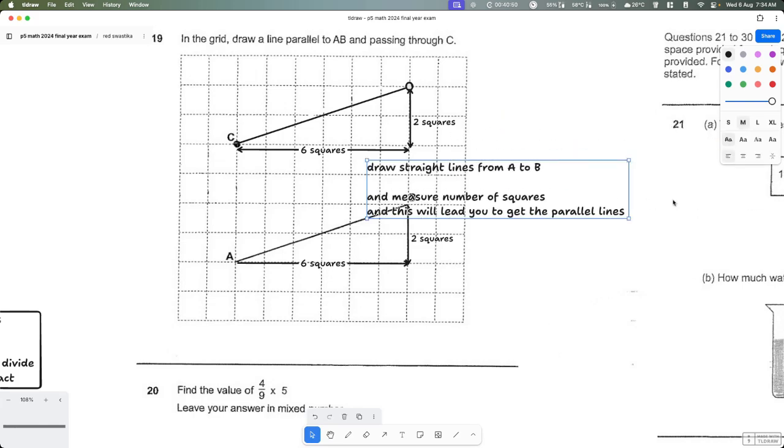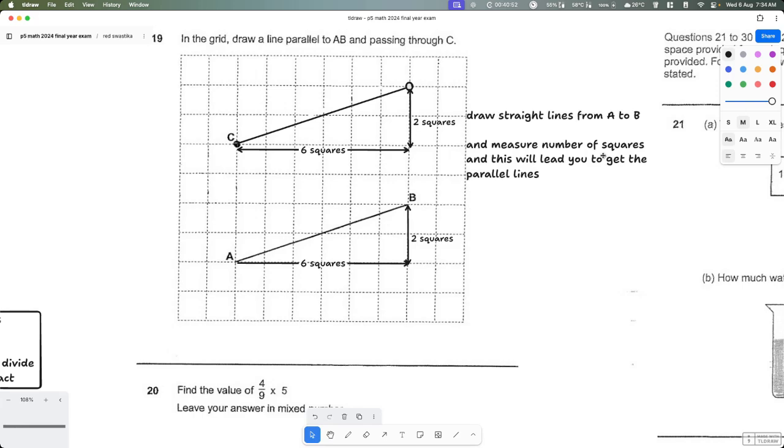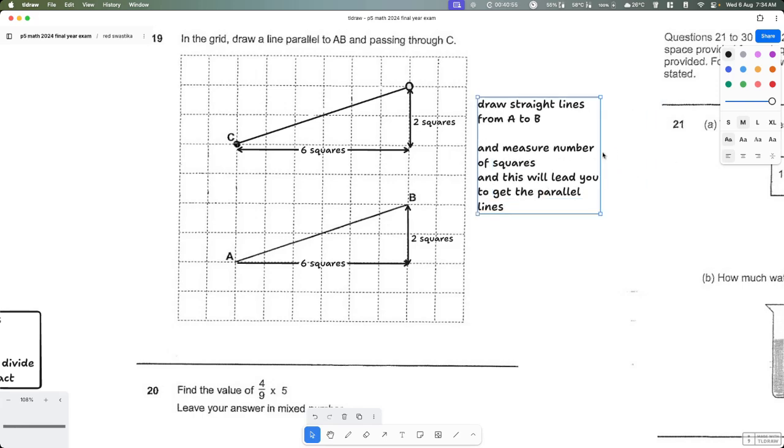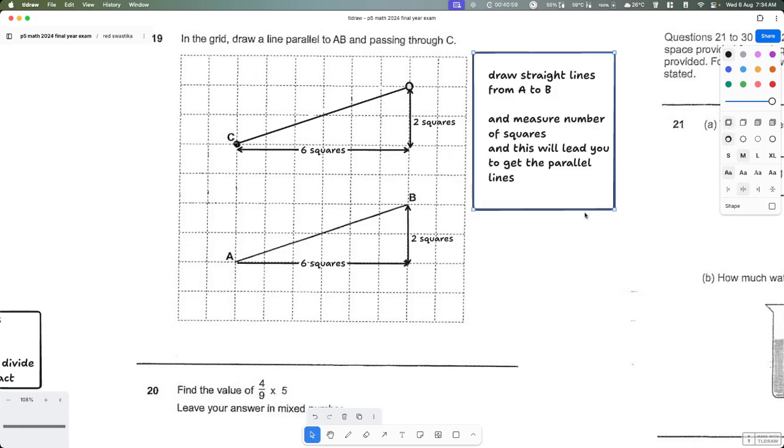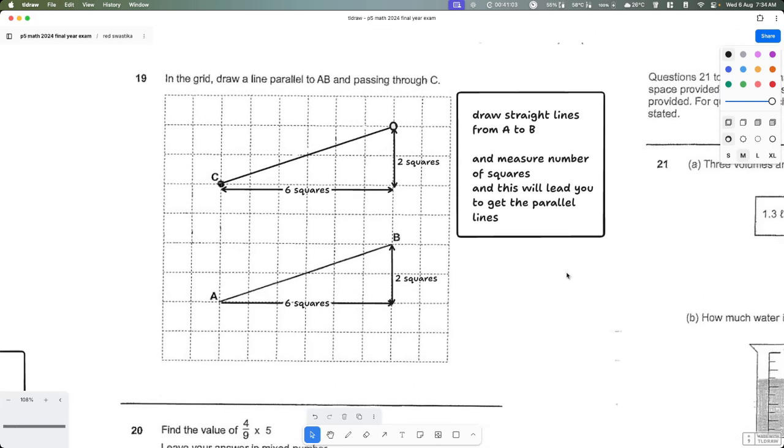That's what you see over here. Usually this is what I do. It is highly accurate.